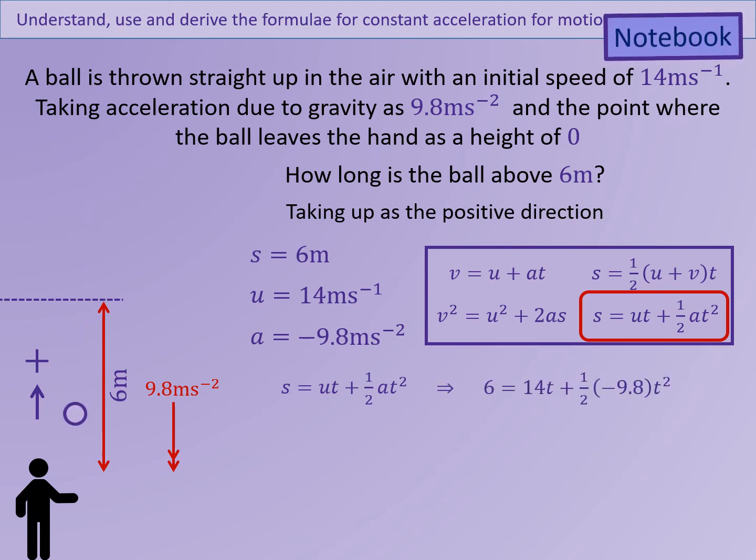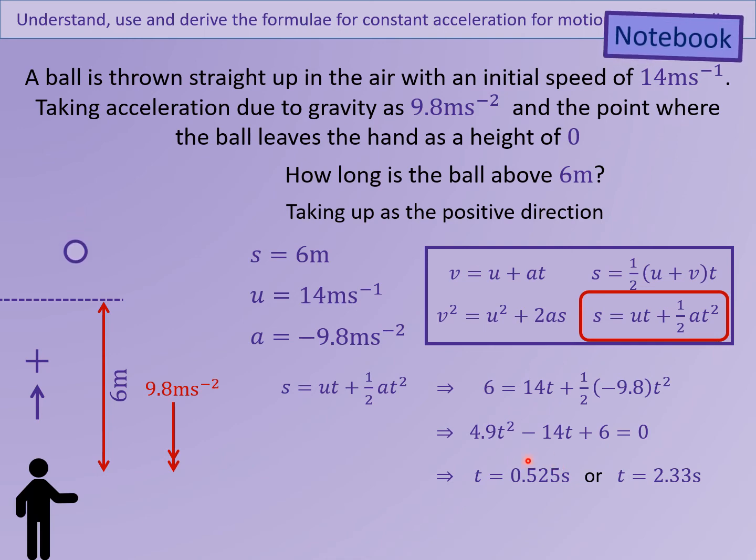So substituting this in gives us a quadratic equation. We can solve this quadratic to give us 2 values of t. The smallest one will be the value of t when the ball is on its way up, and the largest one will be the value of t when the ball is on its way down.